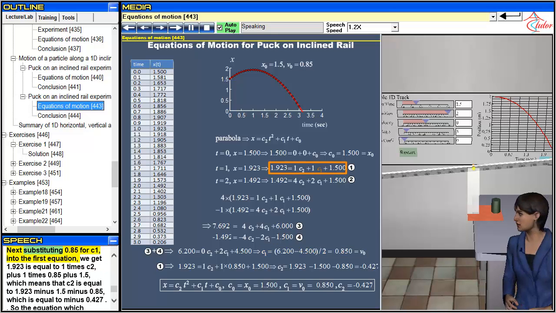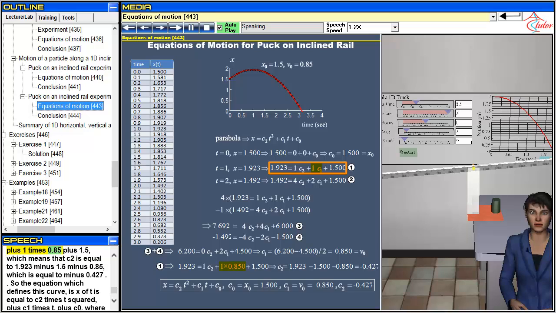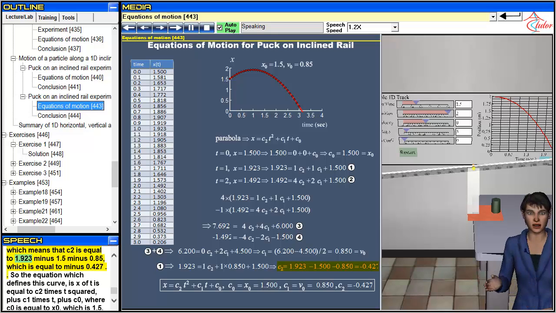Next, substituting 0.85 for c1 into the first equation, we get 1.923 is equal to 1 times c2 plus 1 times 0.85 plus 1.5, which means that c2 is equal to 1.923 minus 1.5 minus 0.85, which is equal to minus 0.427.